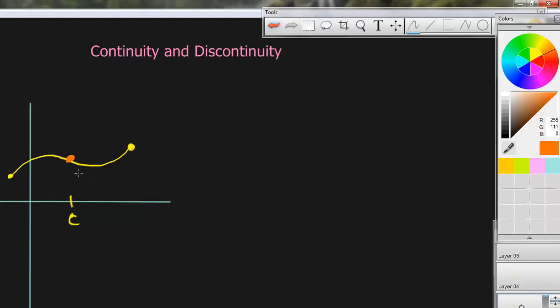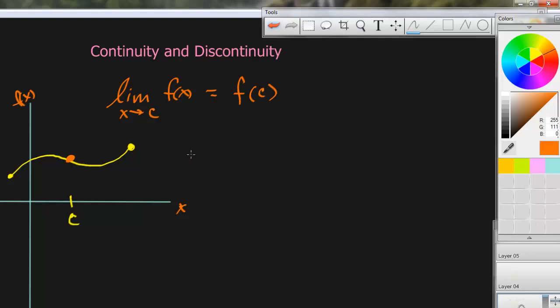But what makes this graph continuous is this definition. We'll call this f of x. The limit of this function as x approaches c, and again, if we don't specify, that means it's coming from both directions, would equal what's called f of c.